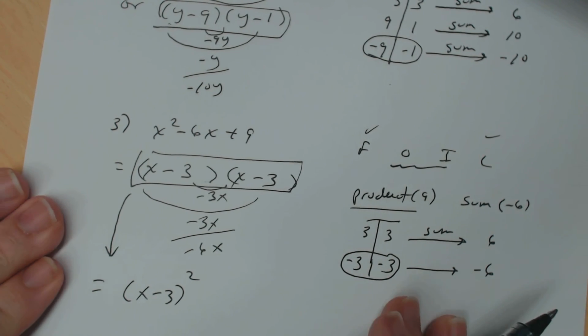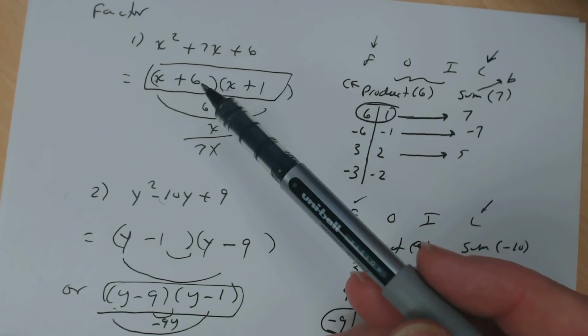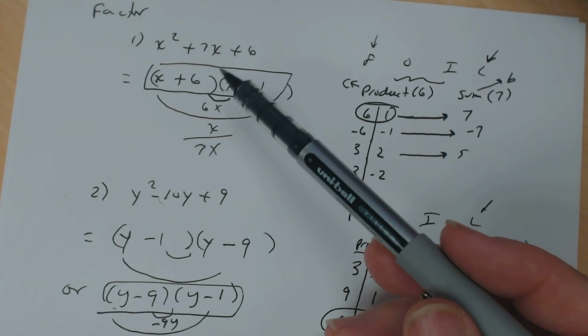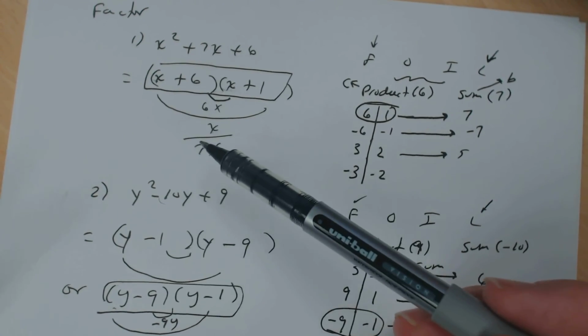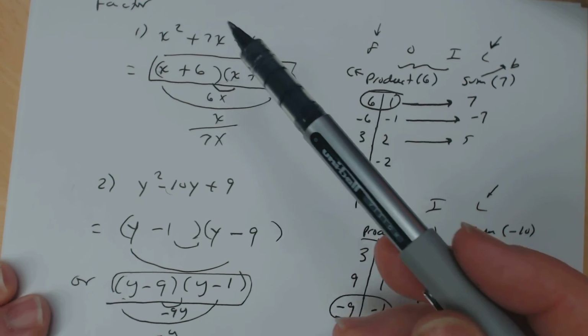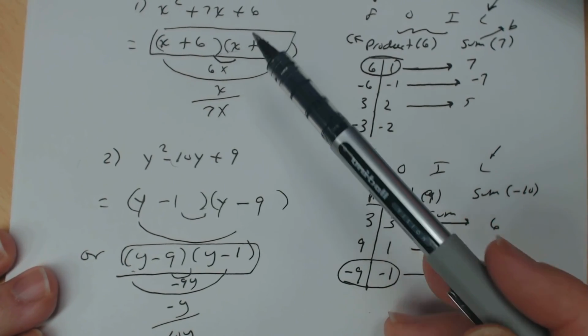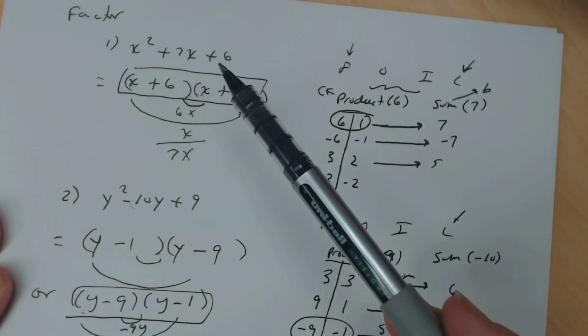This video is a little over 20 minutes, so I'm going to review this, and then we're going to look at the next lesson where the last sign is negative. In these problems, notice that the last sign was positive in all of them.